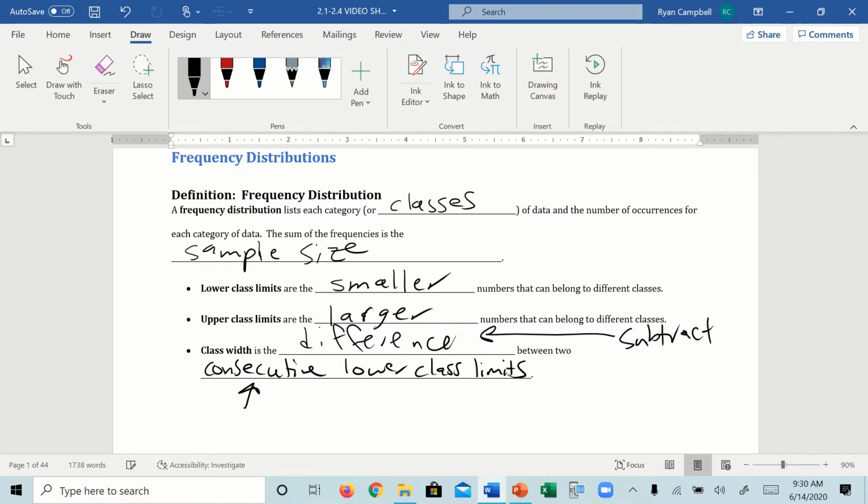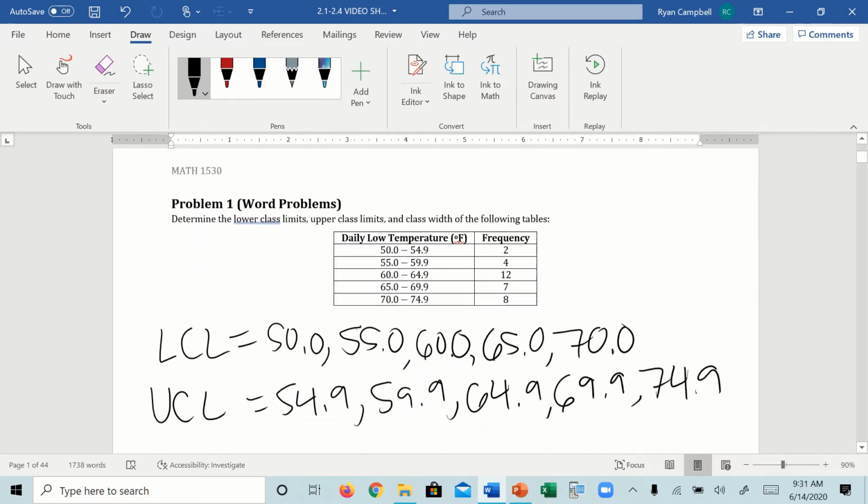What does consecutive mean? It's like one after the other, right? So it's consecutive lower class limits. That is super important. So if we look here, right?